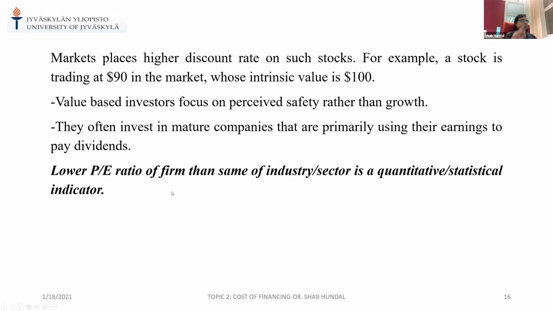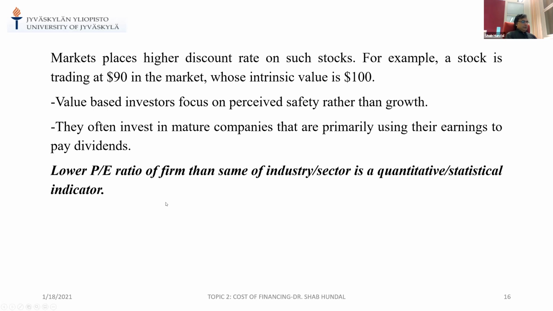Okay, if the price to earning ratio of a stock is below the price to earning ratio of the industry or the sector, it means that the stock in question is undervalued.